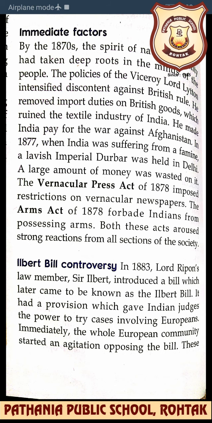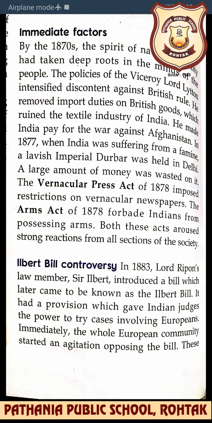In 1878, two very important acts were passed by the colonial government. The first one was the Vernacular Press Act of 1878 that imposed restrictions on vernacular newspapers. People were sharing their ideas through newspapers printed in the regional languages, and under this act, those newspapers were banned.